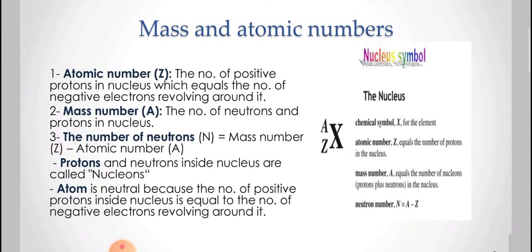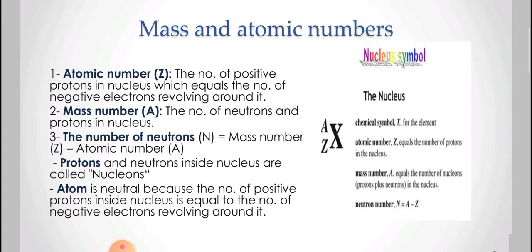Number 1, atomic number: it's the number of positive protons in the nucleus, which equals the number of negatively charged electrons revolving around it. Number 2, mass number: the number of neutrons and protons.